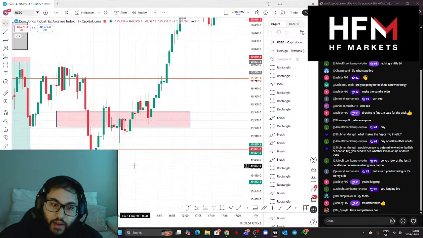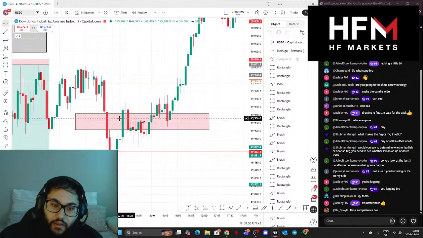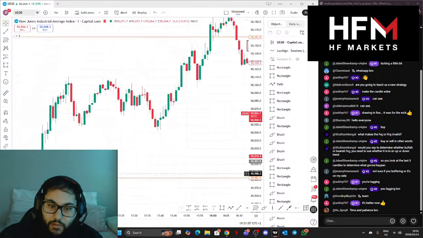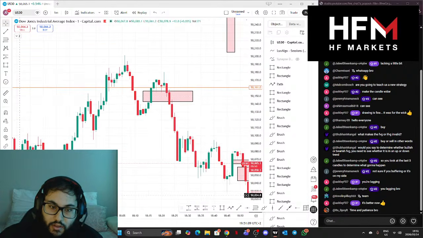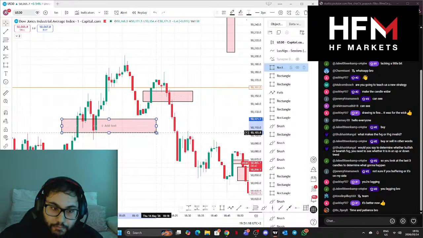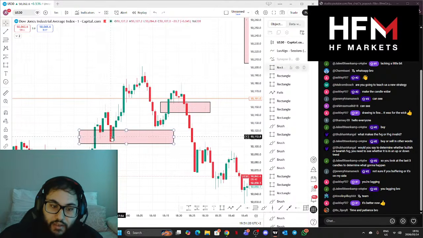Now, we need to see a candle close above. So you can see here, we formed a fair value gap, we closed above, and that became a valid inverse fair value gap. But let's say, for example, you can see a fair value gap here, but price didn't go right through it.